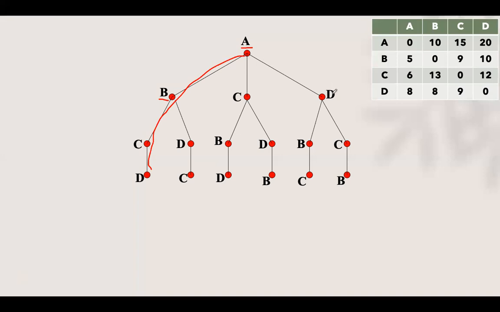From A, if you go to D, the next choice will be B or C. From B, C. If you are in C, then remaining will be B. So this is the possible combination for the given vertices starting from A.